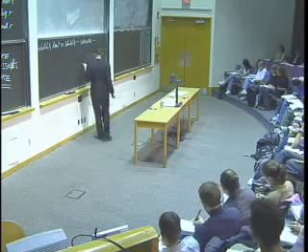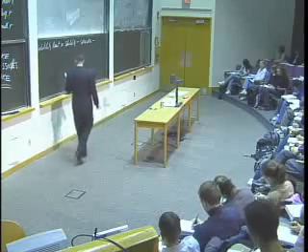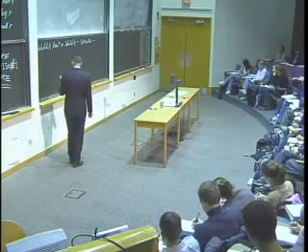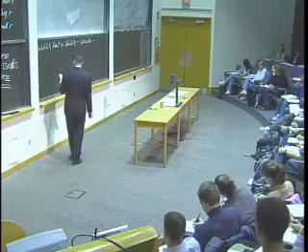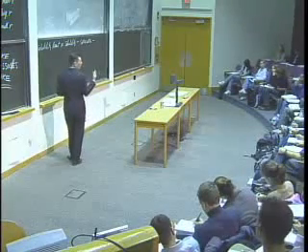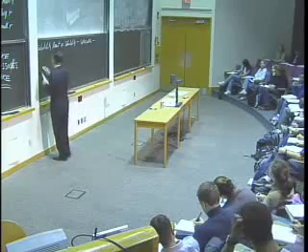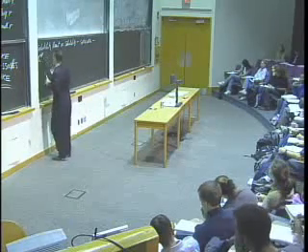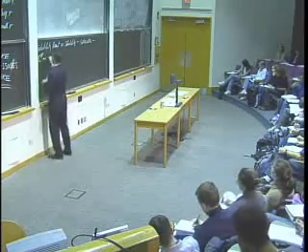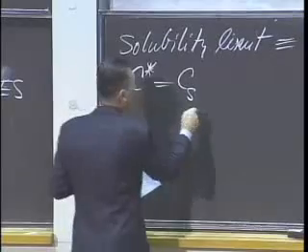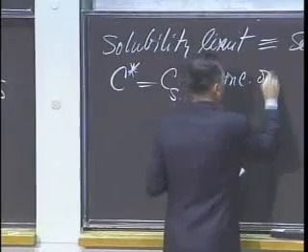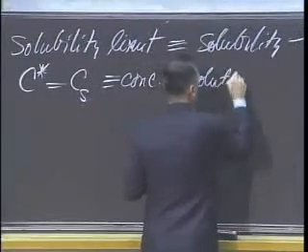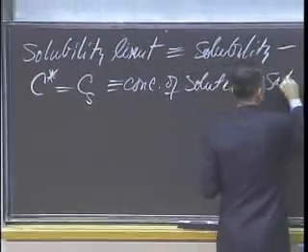We say the solution is saturated with respect to the solute and can take no more. And there are 2 measures for saturation solubility. One is just denoted C star, or some people use C sub S, which means the concentration of solute at saturation.